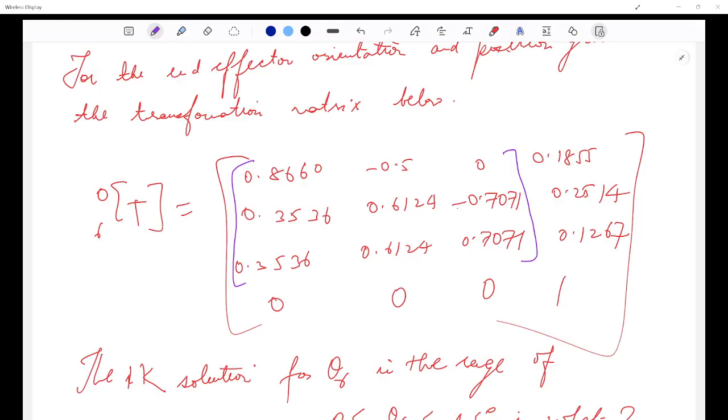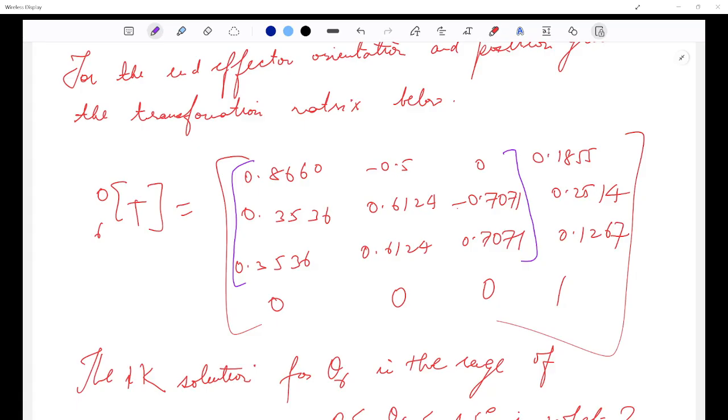We will see where it is significant, but this is a rotation matrix that we need to use now. So it is some rotation matrix, and it has a transformation from zeroth to the end effector position. Okay, and then we want to find out what is happening at theta 6.